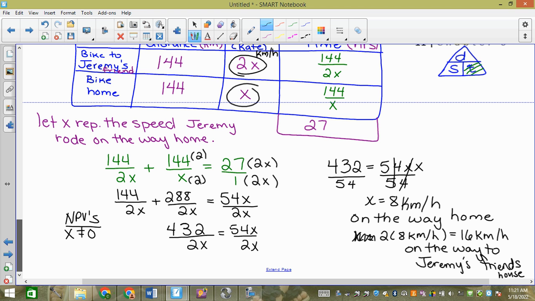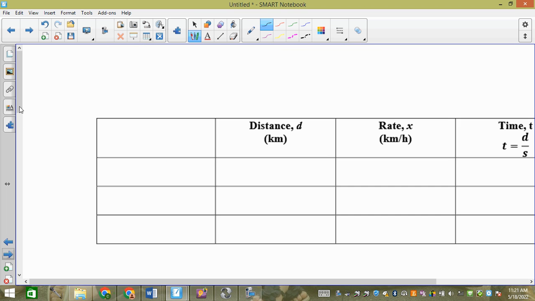Okay, then we're going to flip, well, you're going to not flip over because you're on the back side. We're going to look at number 3. So this was your number 2.